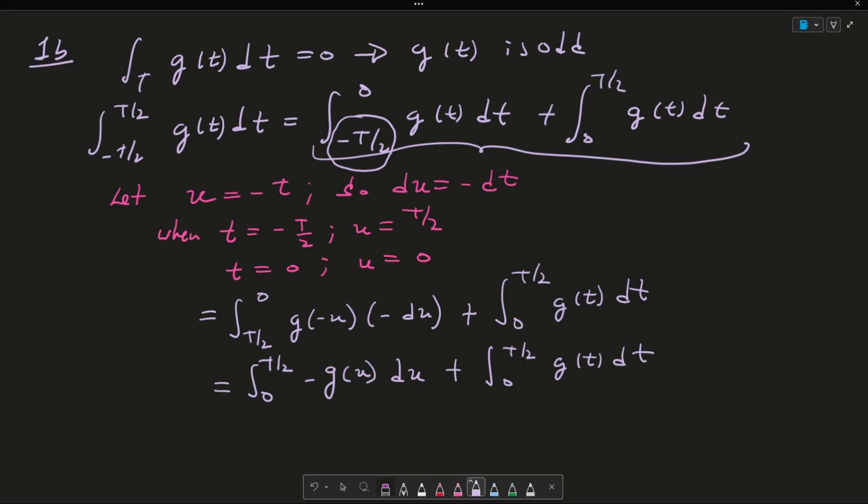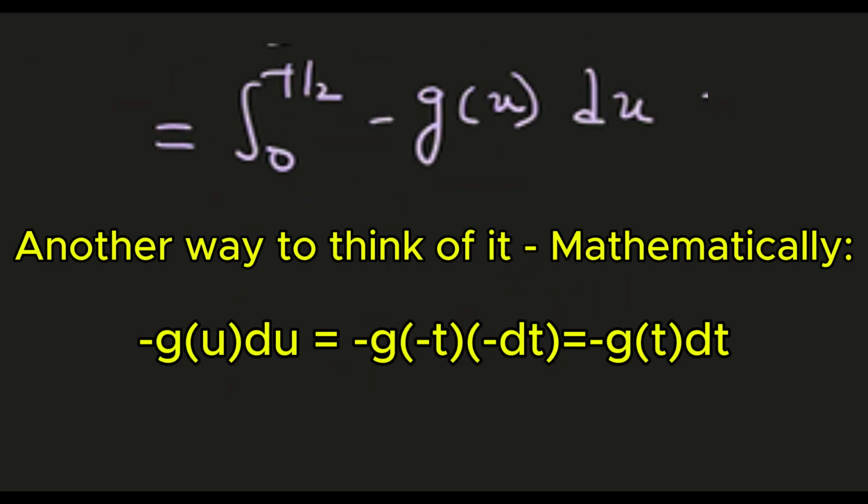Now this is very important. Since u and t are simply dummy variables, these two integrals are identical but opposite in sign.